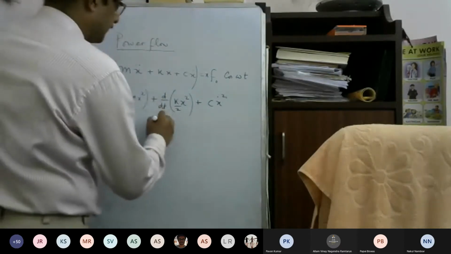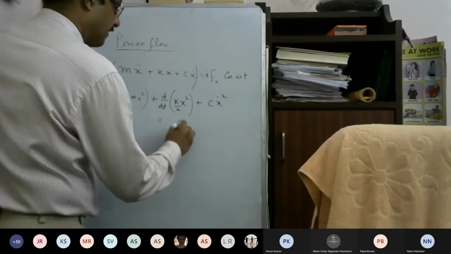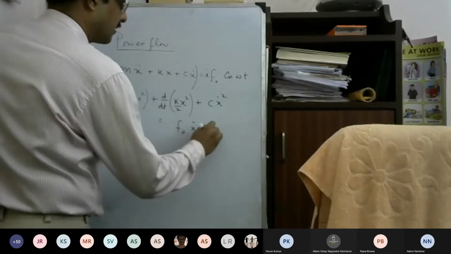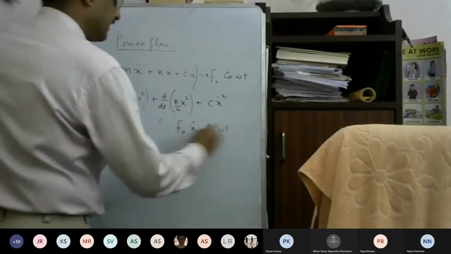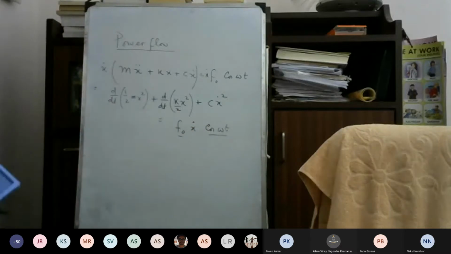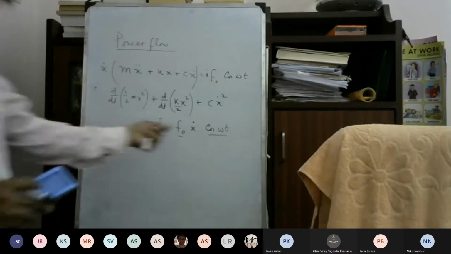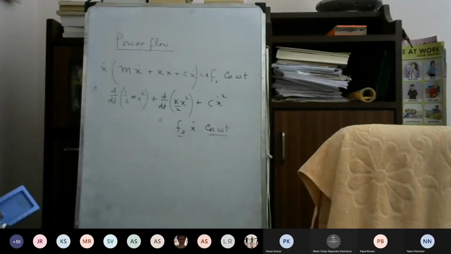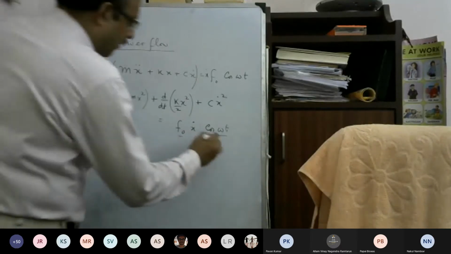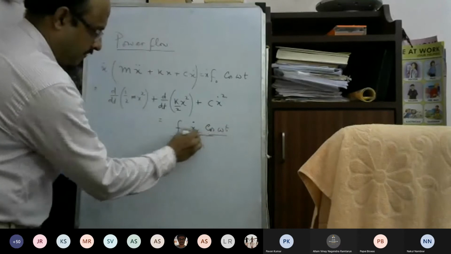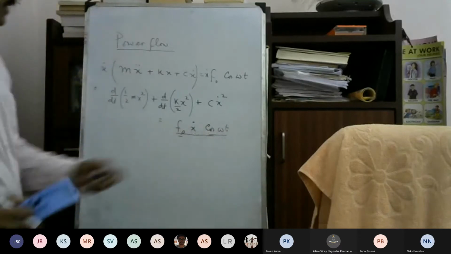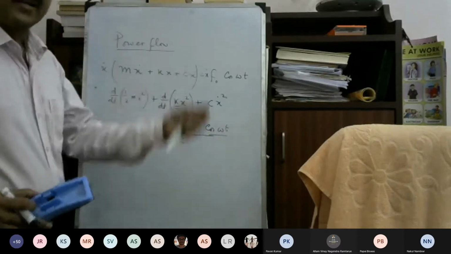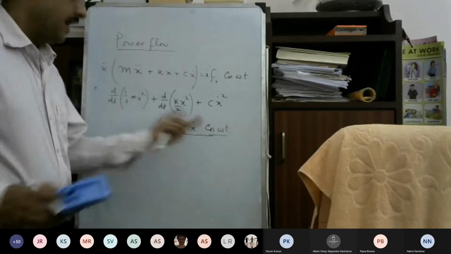This is equal to f naught x dot cosine omega t, and this is the force part. Okay. Now what we see from this is, what is this one? What is this? This is the power given by the external source to the system.